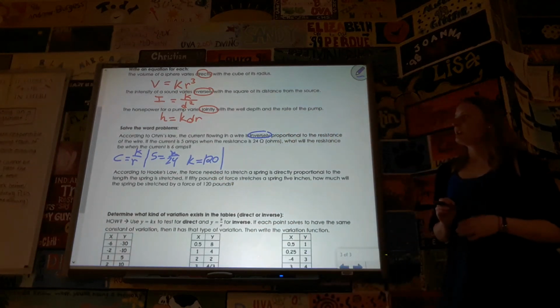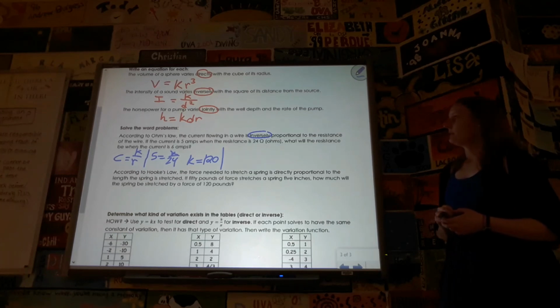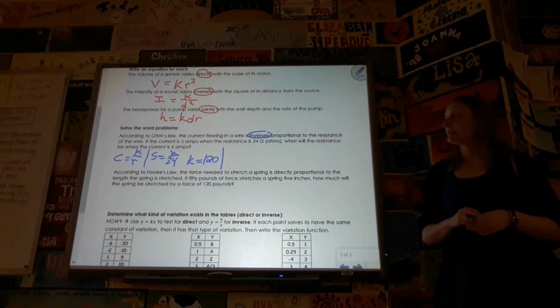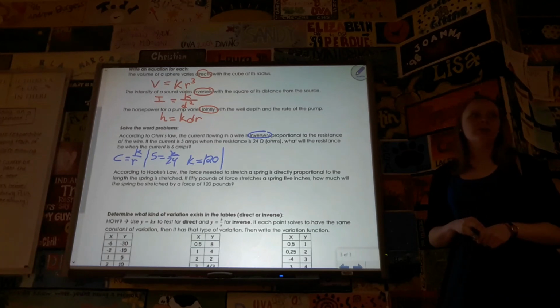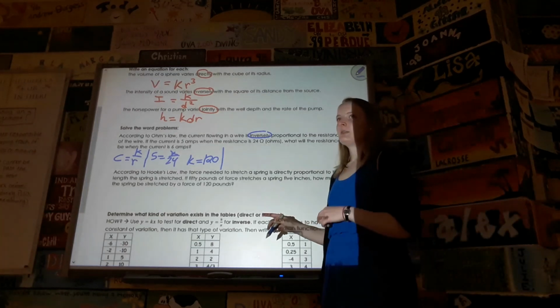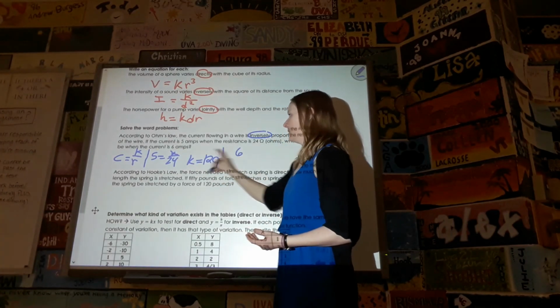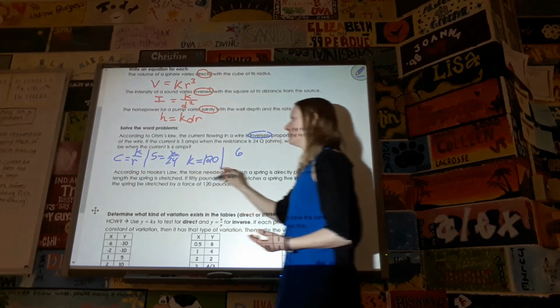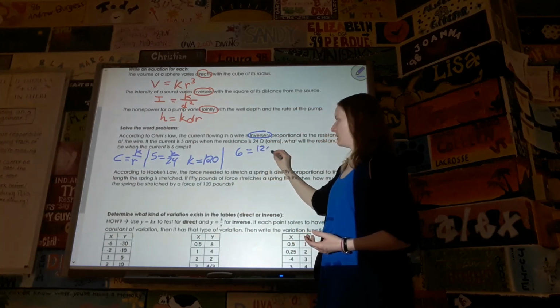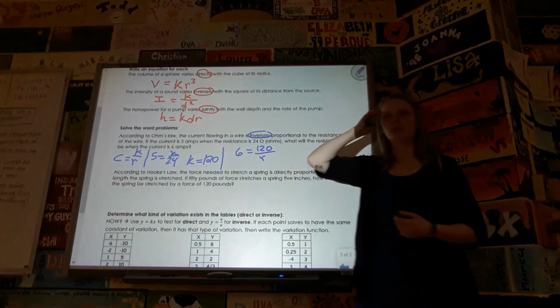If we know that information, we have K. What will the resistance be when the current is 6 amps? What do they want me to find? Which variable? R. So that means they have to give me the other one, C, which they did here, 6. So you can go back to the skeleton equation if you need to. 6 is equal to, I know K is 120, R is what I don't know.